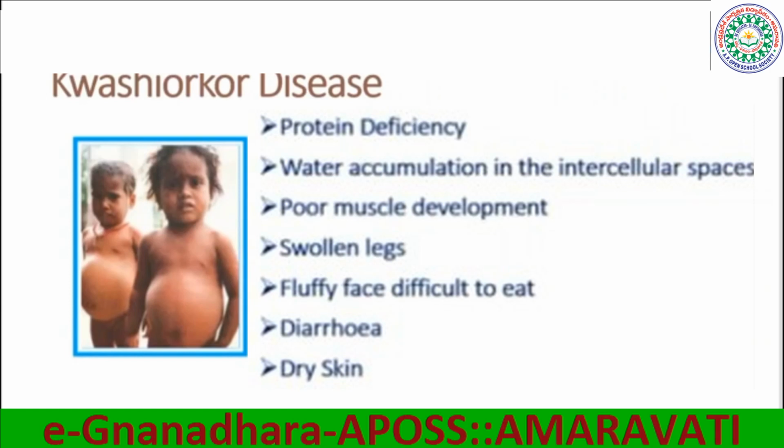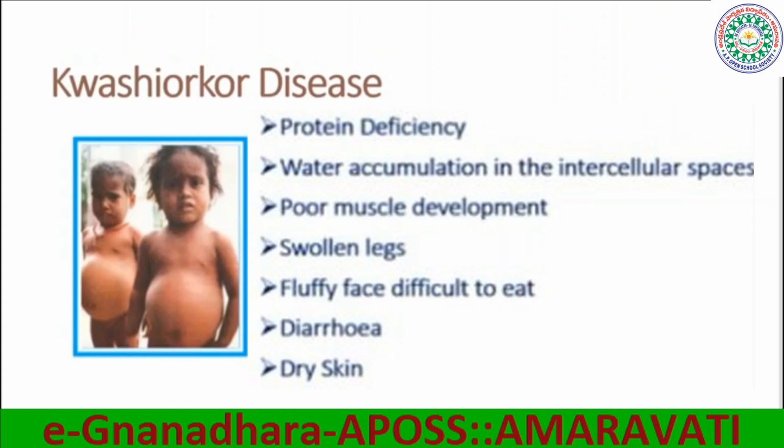See in this image you can easily observe the fluffy face, swollen stomach or abdomen. Diarrhea means frequent vomitings and motions, that condition will be seen. Dry skin. These are all the symptoms of the kwashiorkor disease, which is caused due to the protein deficiency.